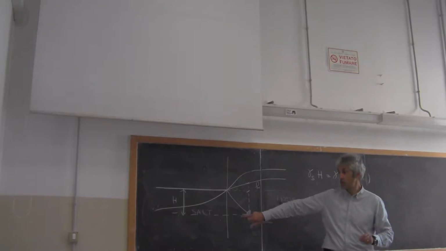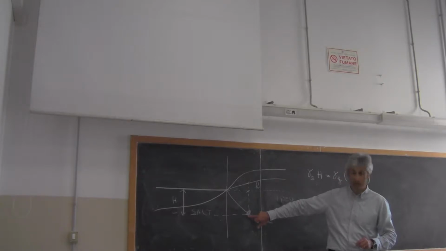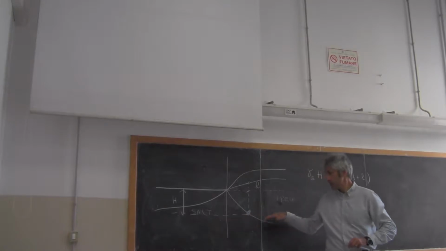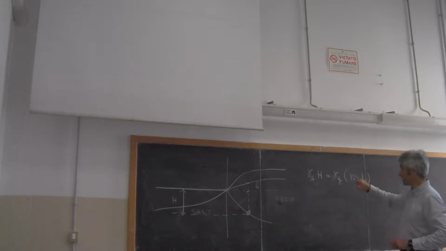So what I need is to estimate capital H for each possible position along this direction, landward. My unknown here is capital H.